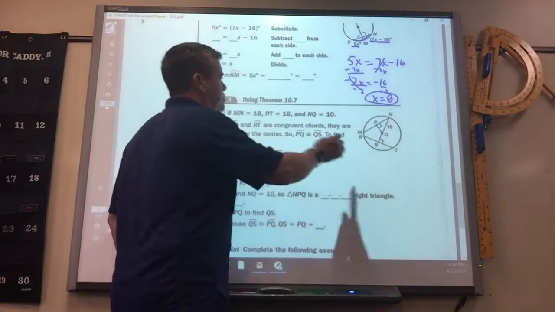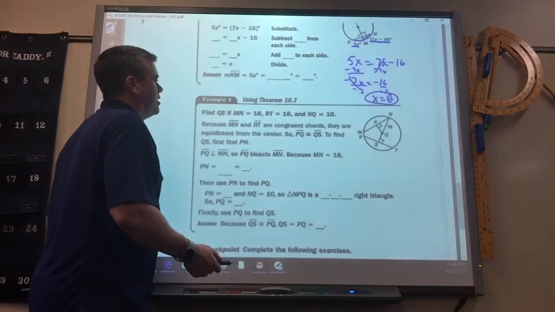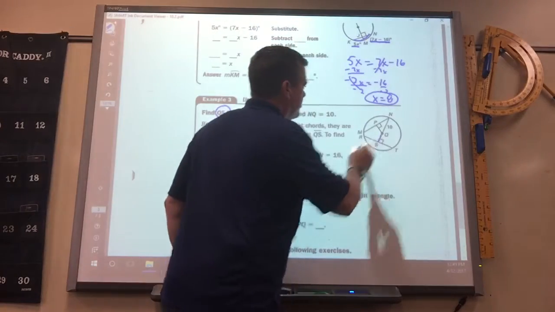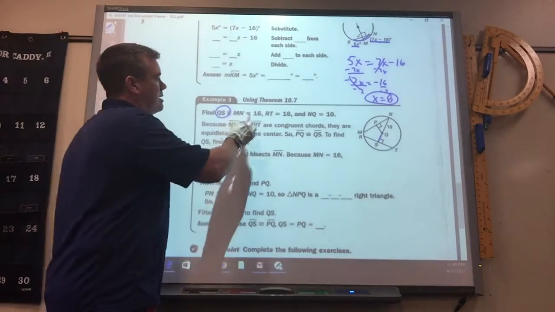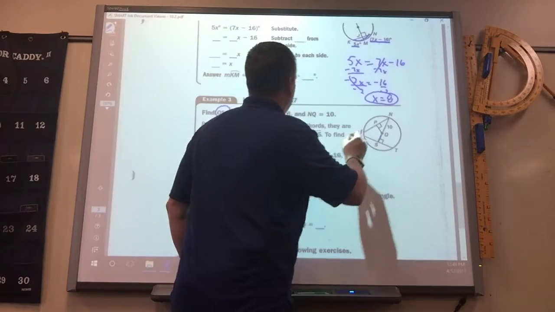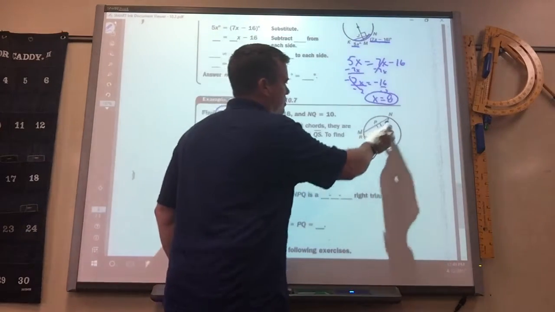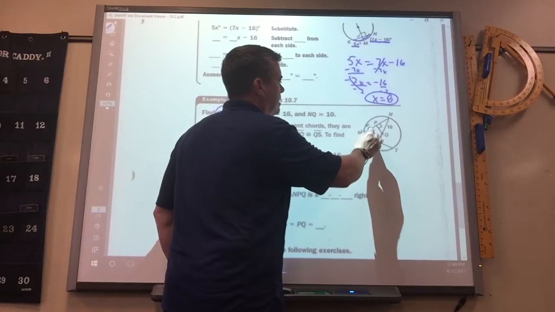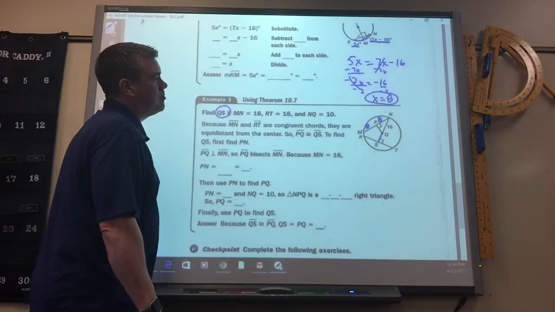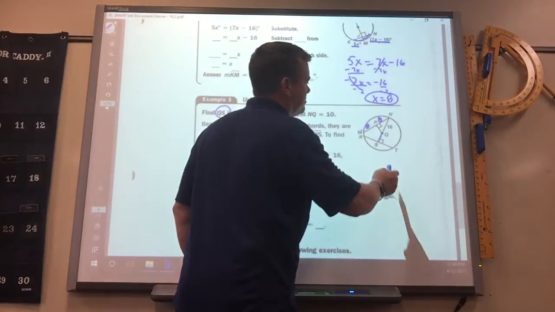All right, in this one, they don't have all the measurements on here. Find QS if MN is 16, which means what's this and what's that? 8 and 8. And NQ is 10. They have that one in there.